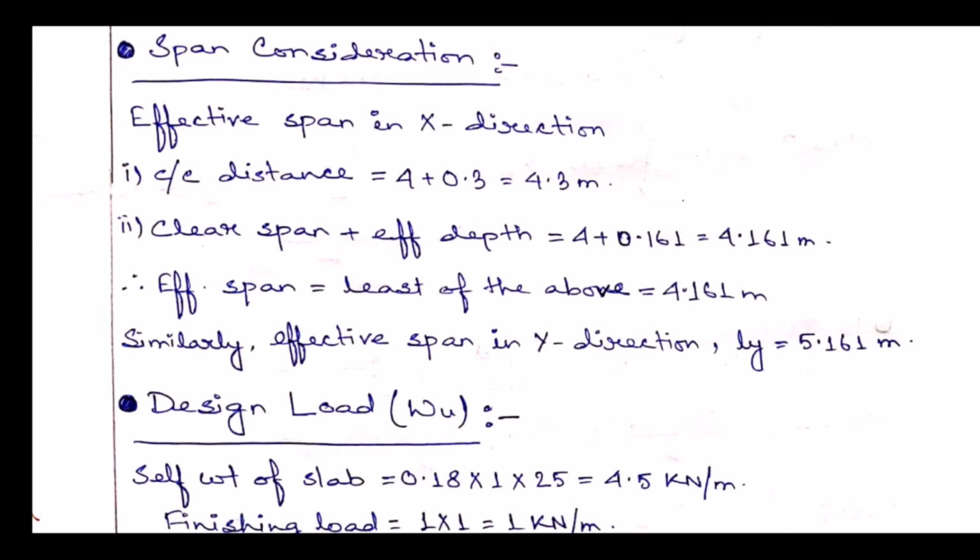So clear span is 4 plus effective depth as per calculation, 0.161 meter. So that is equal to 4.161 meter. From these two, the lesser will be accepted. Therefore, the effective span is the least of the above, that is 4.161 meter. Similarly, the effective span in the y direction, Ly, is equal to 5.161 meter.